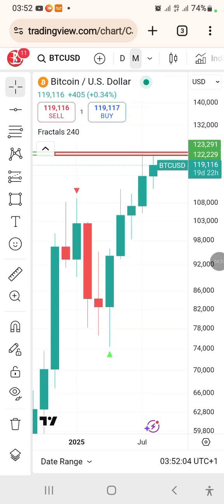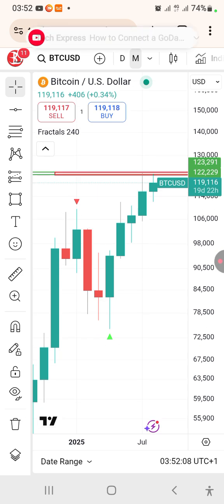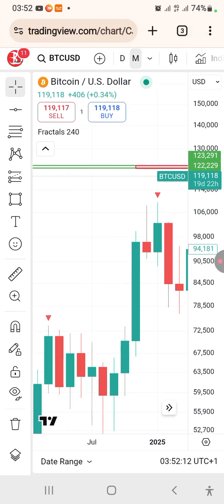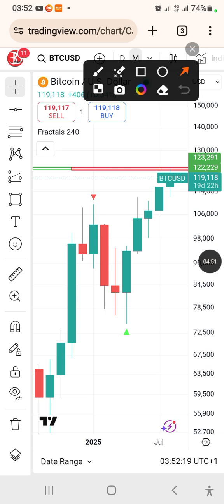Now, if I should look at this, although I did not really include the fractal, I will explain the fractal to you. Now, if you look at this fractal, it is telling you sell.